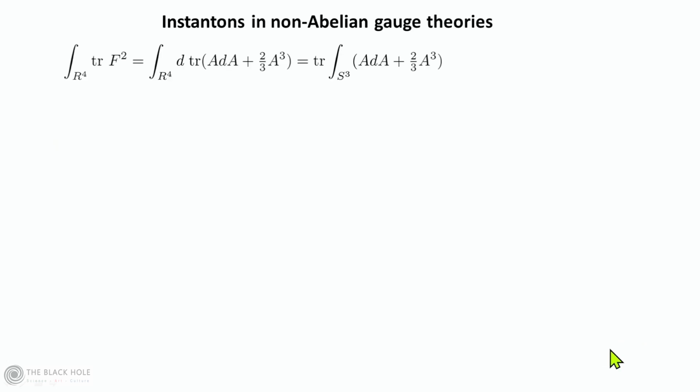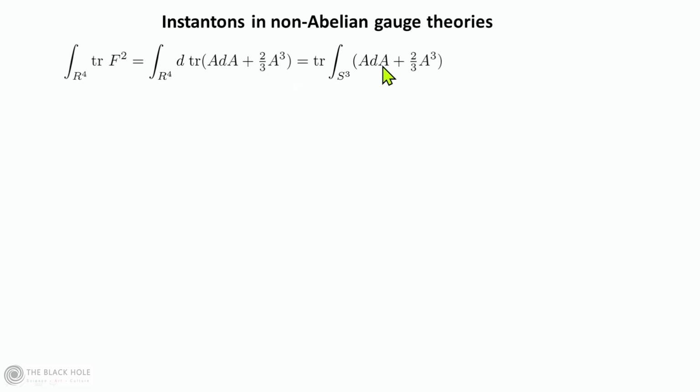Okay. Now we're getting to the real meat of the argument. In our Lagrangian, we had the trace of F dual F, and we were integrating over all of space, that is to say R4. But this trace of F squared, we have just proved to be the total derivative of sorts. So D of this. Now I can use the fundamental theorem of calculus, or Gauss's theorem, or whatever you want to call it.